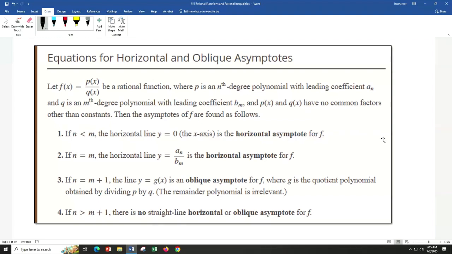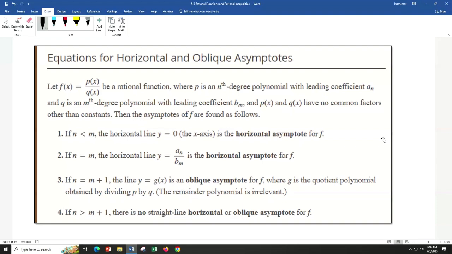If n is equal to m plus 1, the line is an oblique asymptote, and then guess what? We're going to do some long division, not synthetic. Take the top divided by the bottom. You're going to end up with the equation of a line, because it's oblique. So you're creating a y equals mx plus b there.